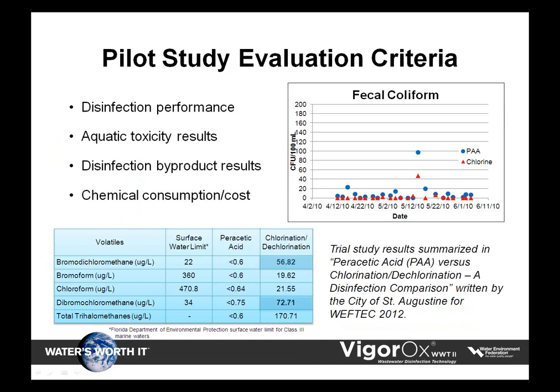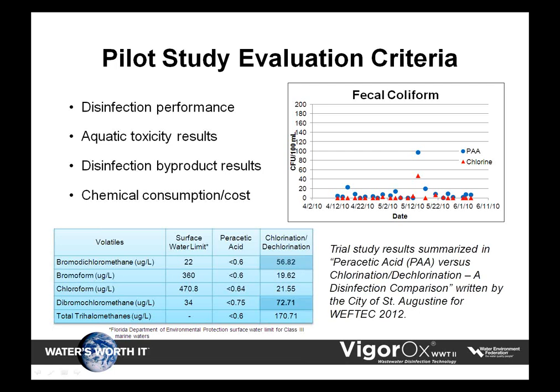We based our continued use of peracetic acid on disinfection performance, aquatic toxicity results, disinfection byproduct results, and chemical consumption and cost. I'm not going to go into the details and the results of our trial study in this presentation, but if you are interested in seeing our actual sample data, we did write a paper comparing the 2 disinfections for WEFTEC 2012.